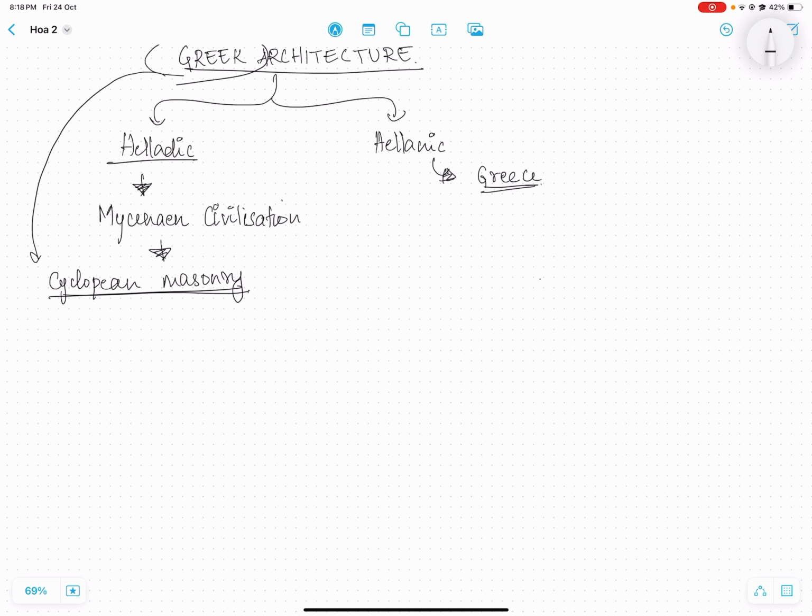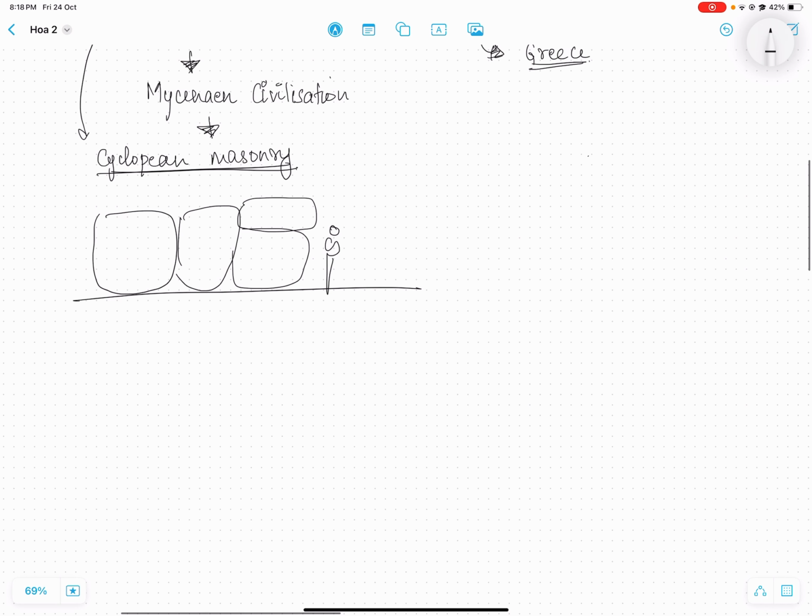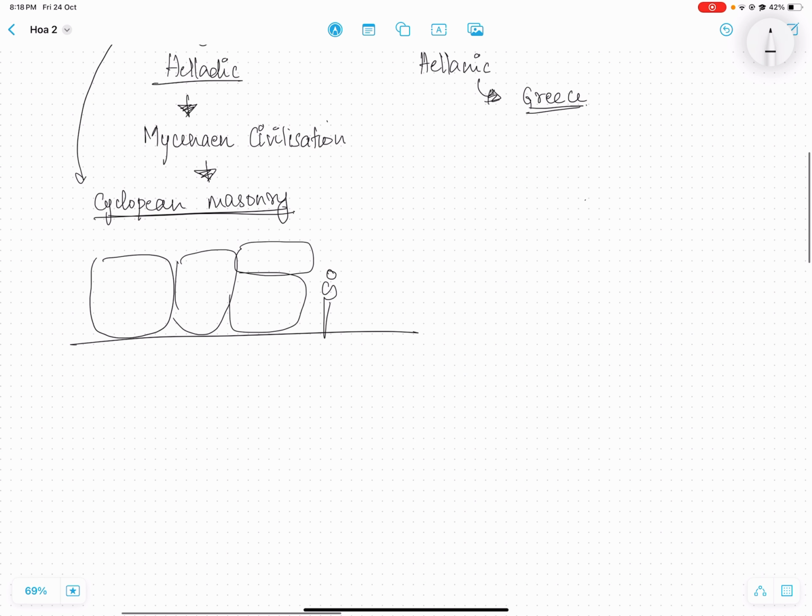So, the masonry involved huge blocks of stones, and they were constructed without any mortar. They thought only giants could carry stones as big as that, and so they called it Cyclopean masonry. So this is like a rough scale of how big the stones were. So that is Cyclopean masonry.